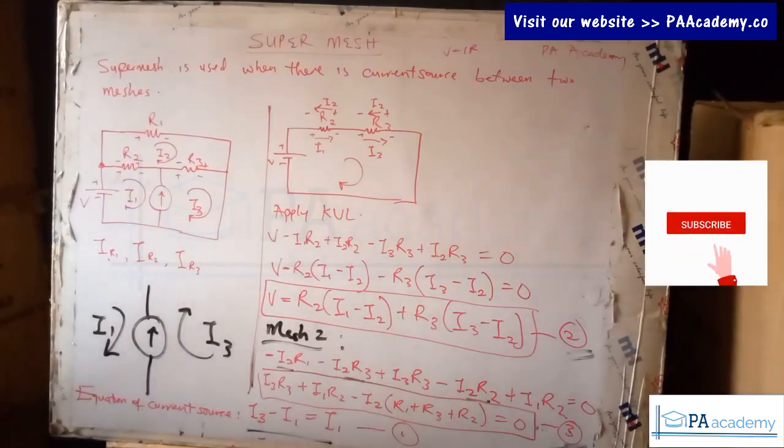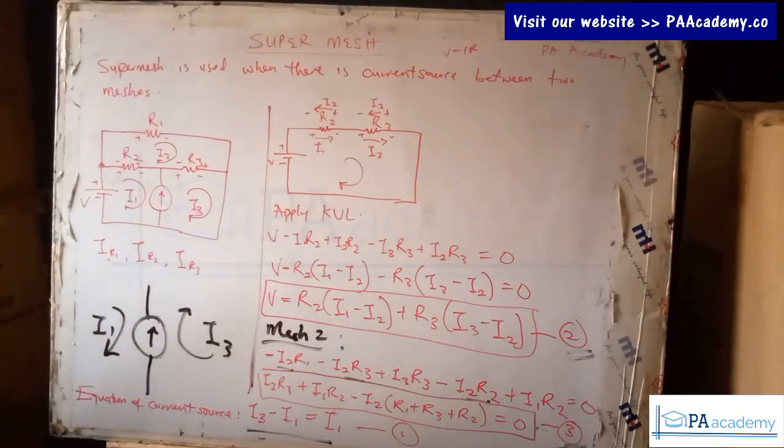So I want to believe this has given you a foundation on supermesh. In the next examples, I have about 5 different examples I'm going to be showing you on how to solve supermesh, which will guide you on how to solve any question when you are asked to solve supermesh. It's also important to know that if you are solving all of these questions under circuit analysis, mesh, supermesh, node analysis, it's important to know all of these methods, because some questions can ask you categorically to use this method or that other method.